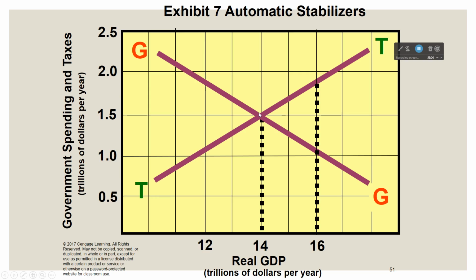That would cause government spending, theoretically, to fall because people who are on welfare or unemployment compensation now have jobs. So that decreases the government spending. Here they're taxing more than they spend. That's a budget surplus. And that would be contractionary fiscal policy.